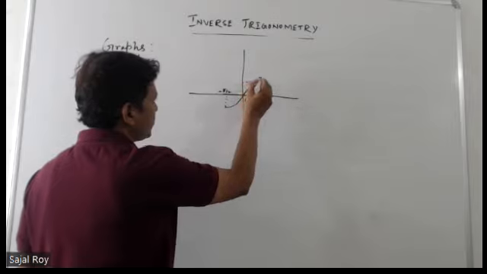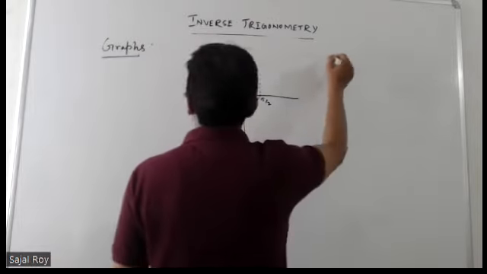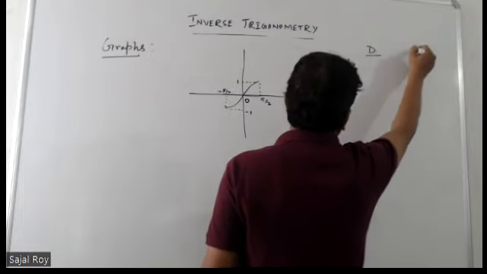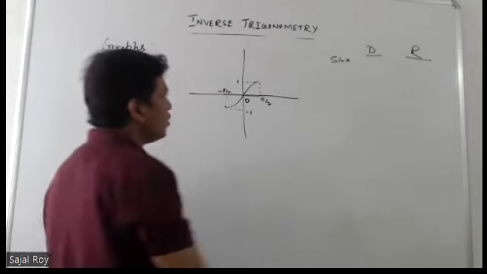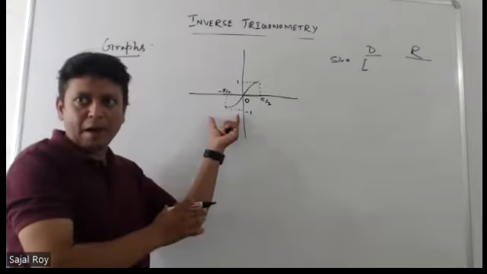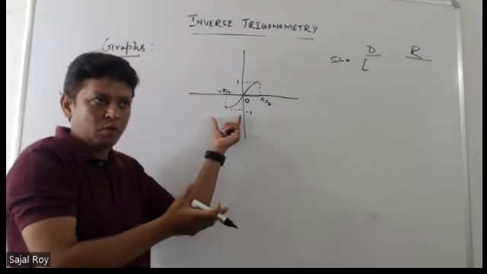What is the range of this part? Minus 1 to 1. So let me write sin x, D for domain, R for range. Because I have taken a principal part, I will write the domain of sin x is minus pi by 2 to pi by 2.